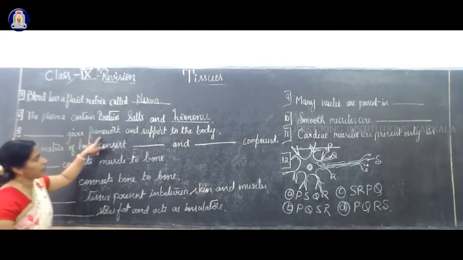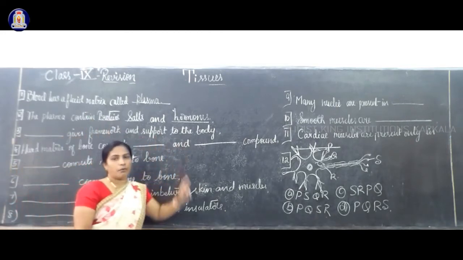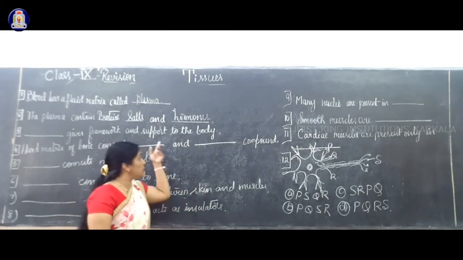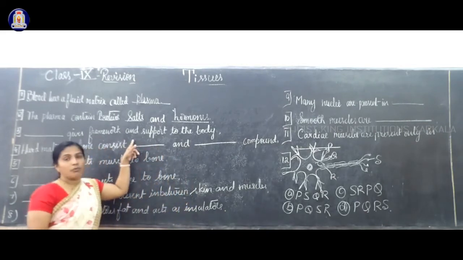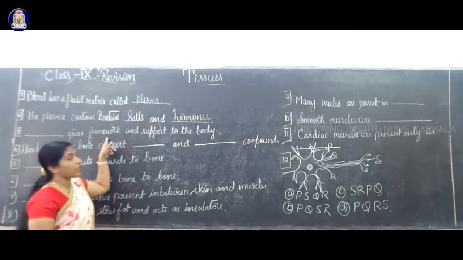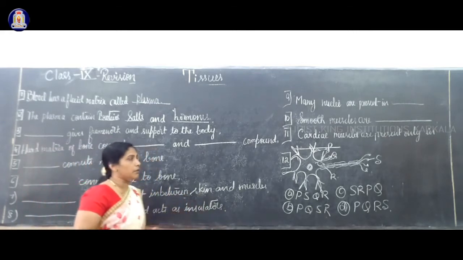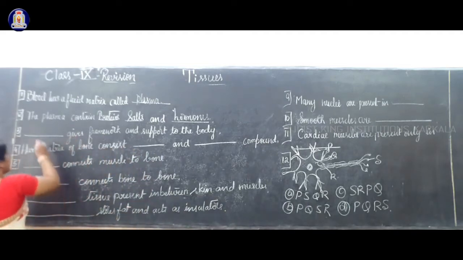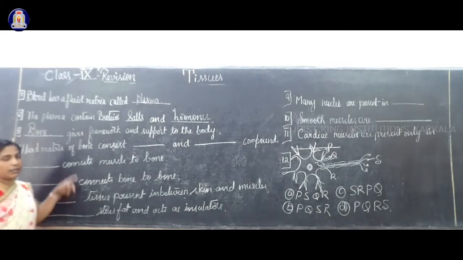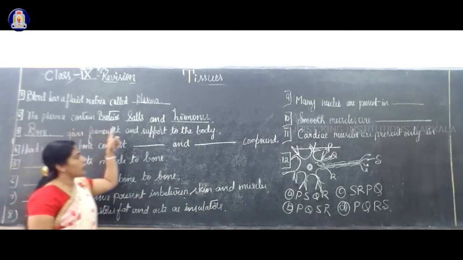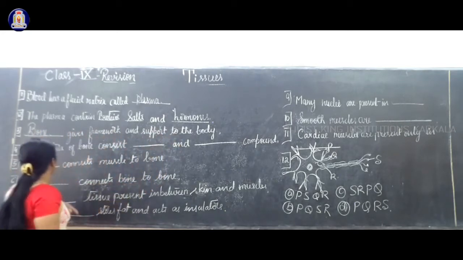Dash gives framework and support to the body. We have learned already many connective tissues which give support and framework, a specific shape to a body, maybe a human being, a bird, etc. Especially a human being, that is nothing but bone. Bone gives a framework and support to the body.